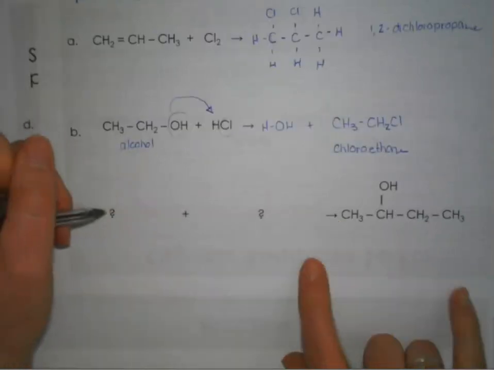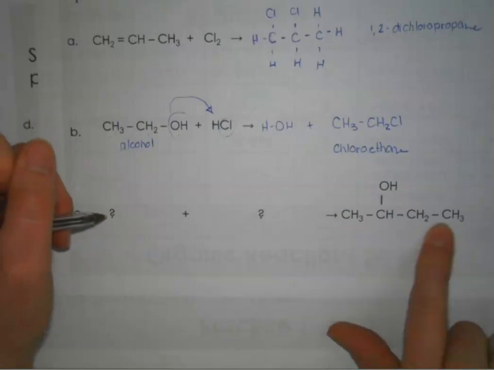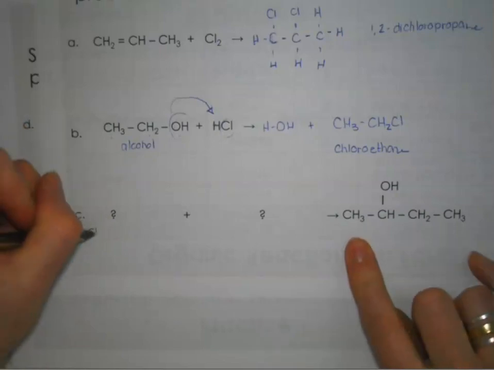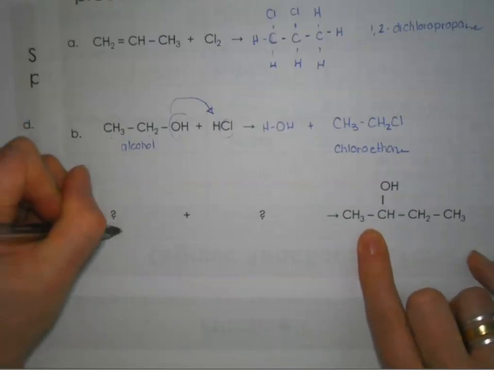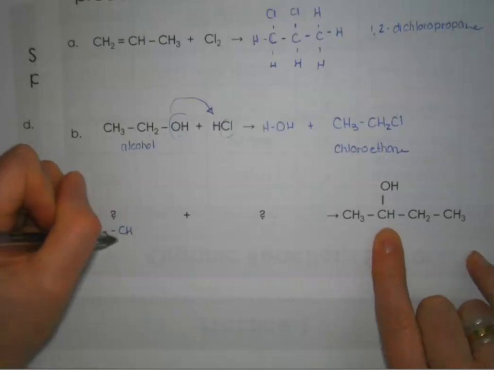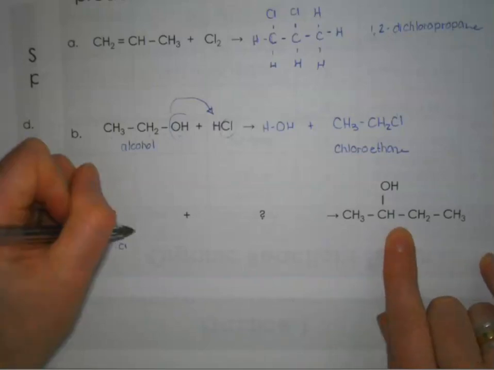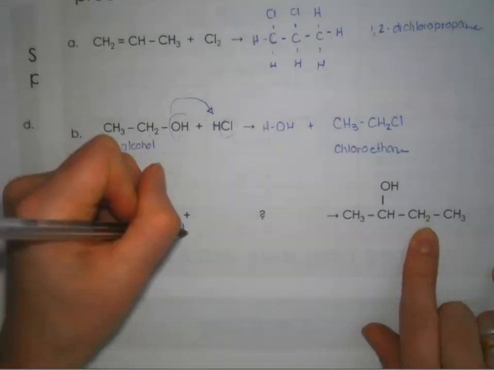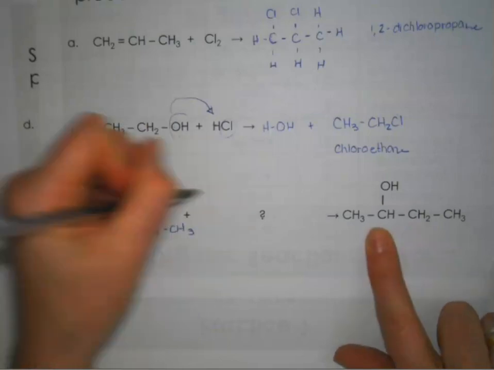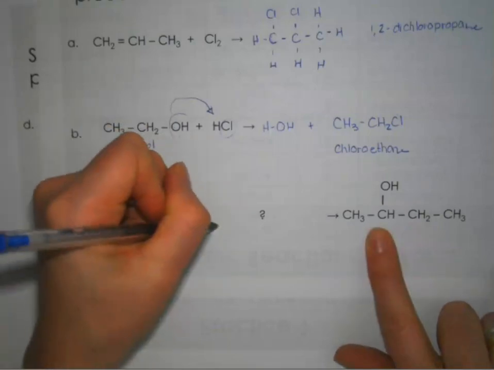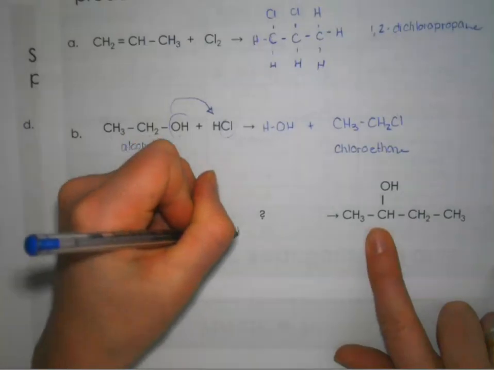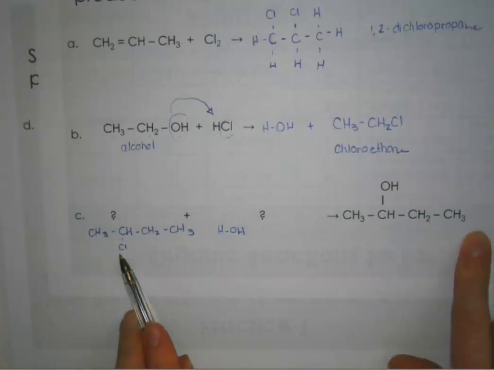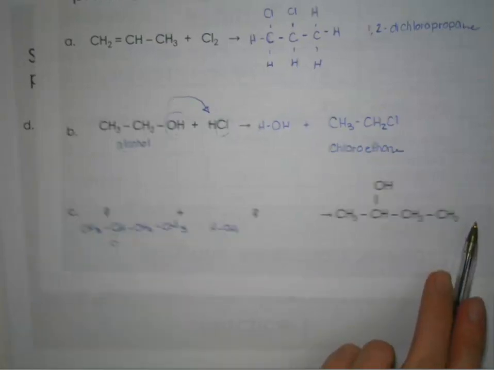So for example, we would have this base molecule, but instead of a hydroxide there, we would have a chlorine. So we'd have CH3CHClCH2CH3, and then you would add water, HOH. In this case, the hydroxide would jump in and take the place of chlorine.